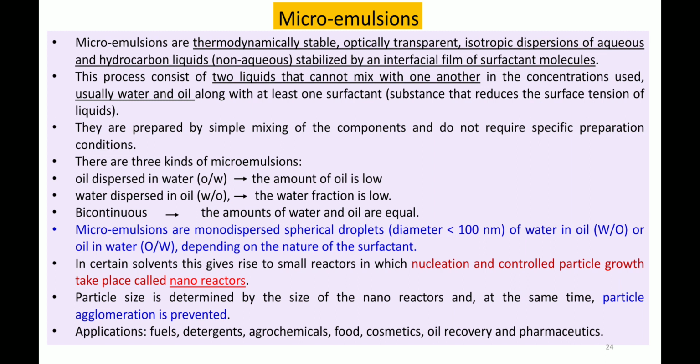But if the case is reverse, where the water content is very small and the oil concentration is very large, then it is necessary to use the proper kind of surfactant. So the role of surfactant in preparation of microemulsion is very important, and if there is no surfactant, then you cannot make the microemulsion.